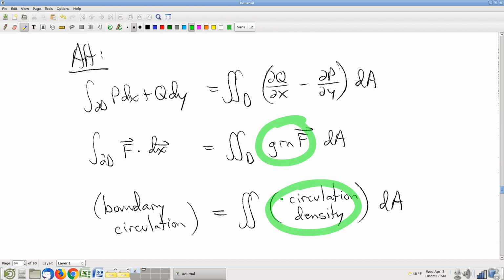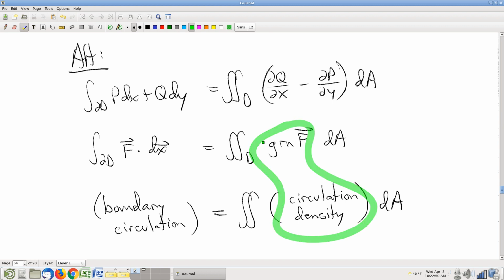So, grand total over the entire solid region, there's a certain amount of boundary circulation, right? How much of that boundary circulation is happening near any given particular point? So, in the same way that you can think of the derivative as change density, weird as that perspective is, it's pretty natural, pretty meaningful. Likewise, Green's operator is circulation density.